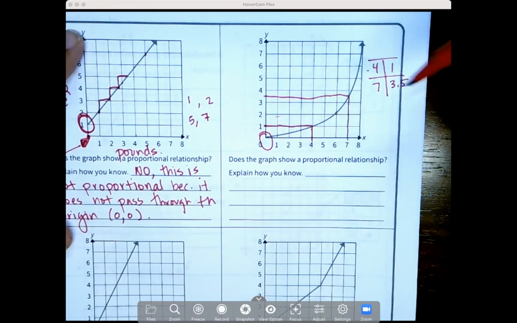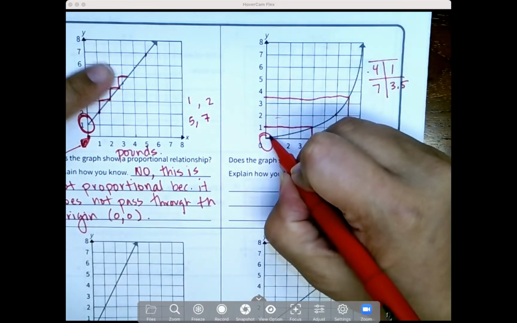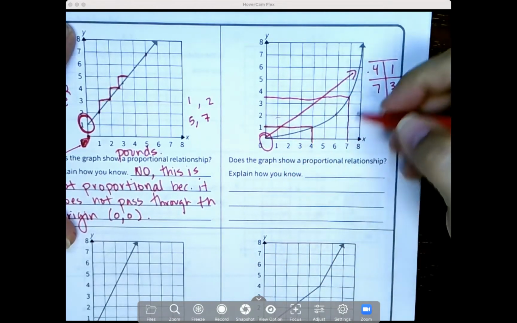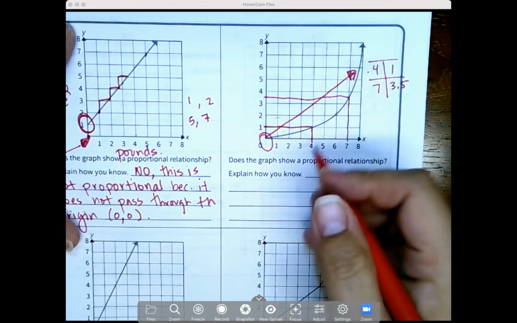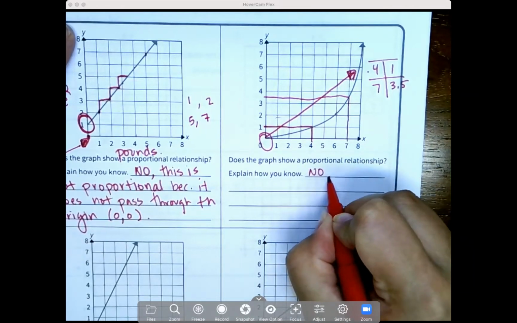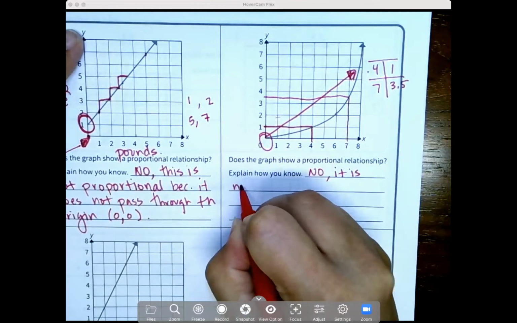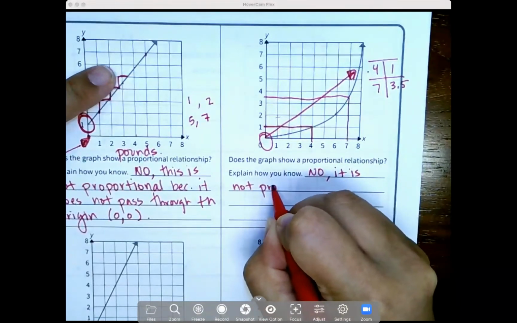But you can say no and talk about how this would need to be a straight line to be proportional. So, no, it is not proportional.